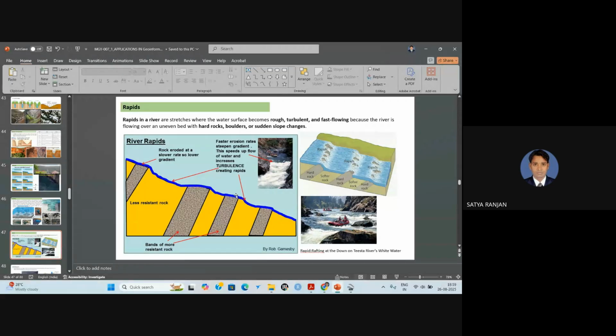Then rapids. In the upper Ganga river in Rishikesh, there is some rafting. Rafting is very famous in the Tista river and also in the Ganga river.